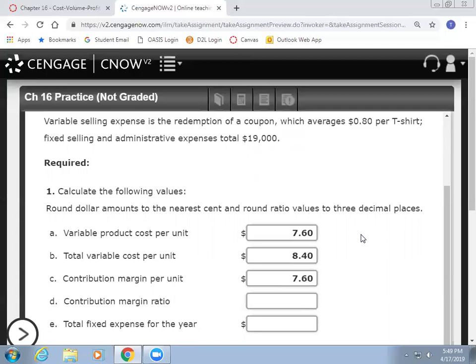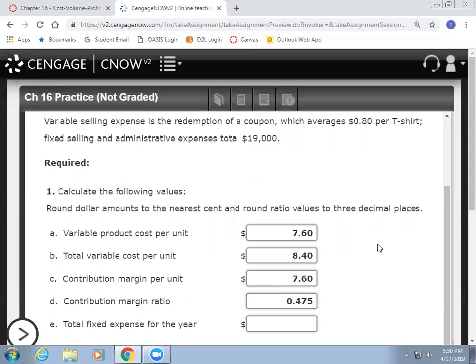So to get it into a ratio, contribution margin divided by sales. What is my contribution margin ratio? 475. Very good. They want it to 3 decimals, so 0.475. So contribution margin ratio is 47.5%, in other words.